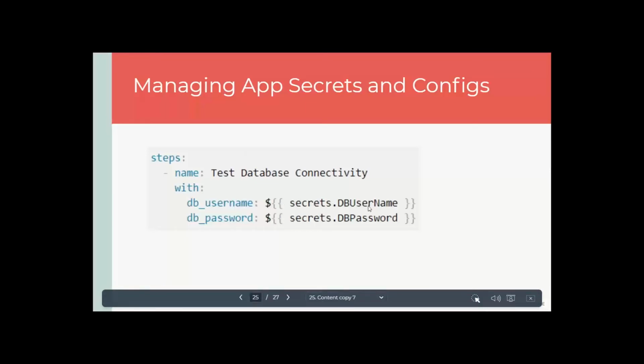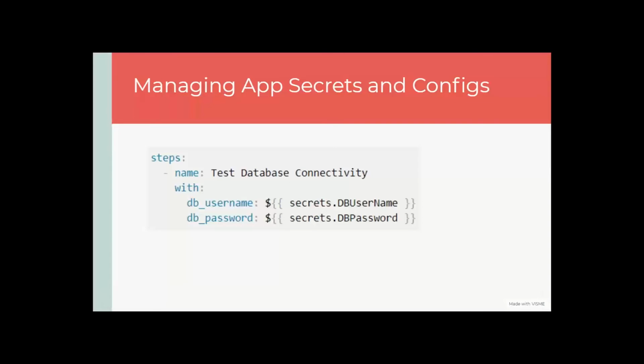If they want to retrieve the username, this is the expression they have to write, and similarly to retrieve the password. The variables, like the db username and db password, should be defined in GitHub. That secret variable they have to mention in GitHub, so we can see in the next slide how we can configure the secrets.